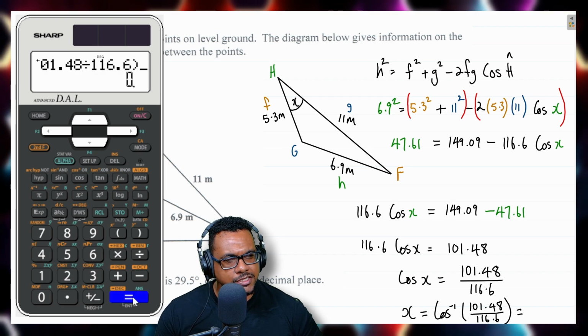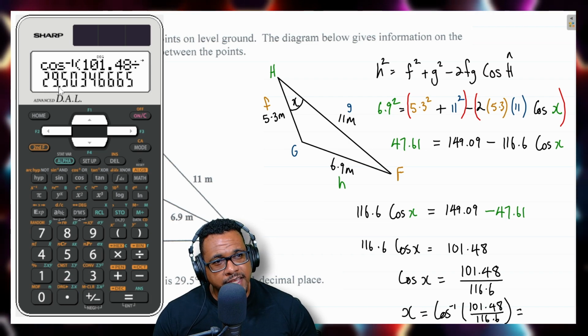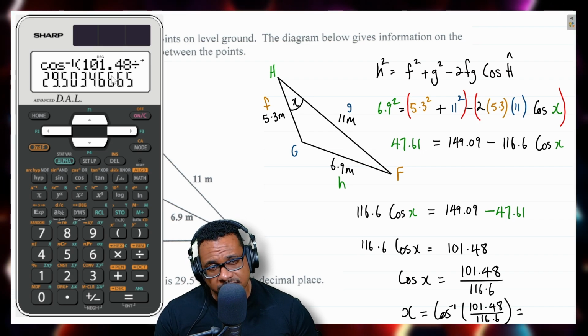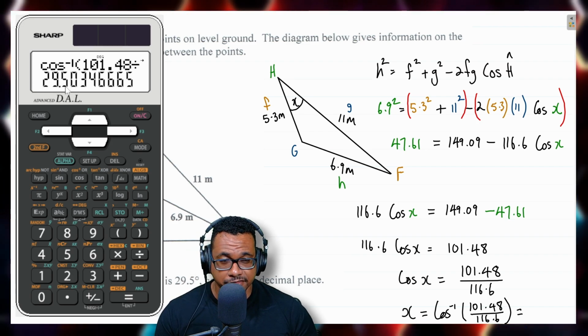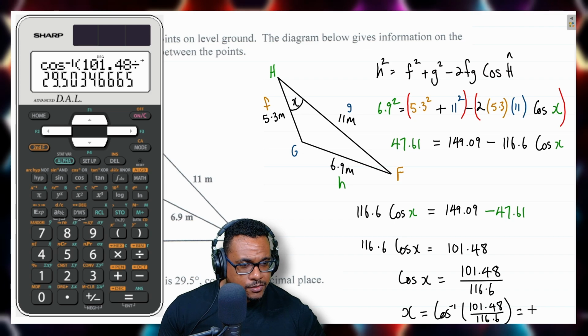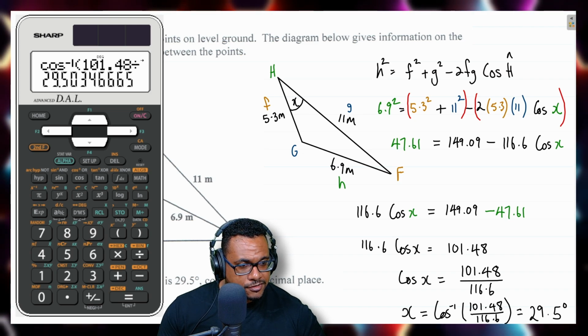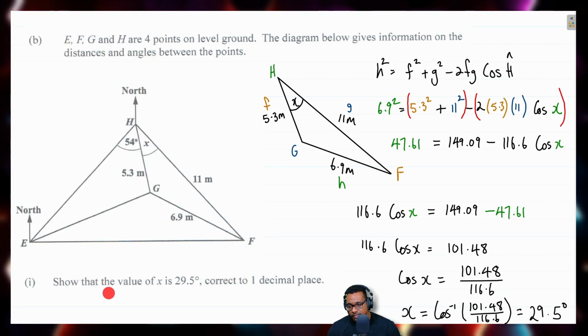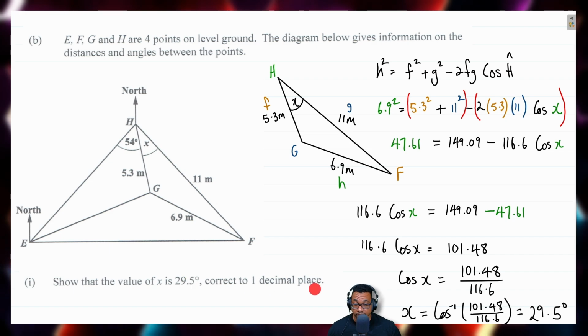Close the brackets, press equal. And you see I get 29.50 and so on. So to one decimal place, this is just 29.5 degrees. And you see we have shown that the value of angle x is 29.5 degrees, correct to one decimal place.